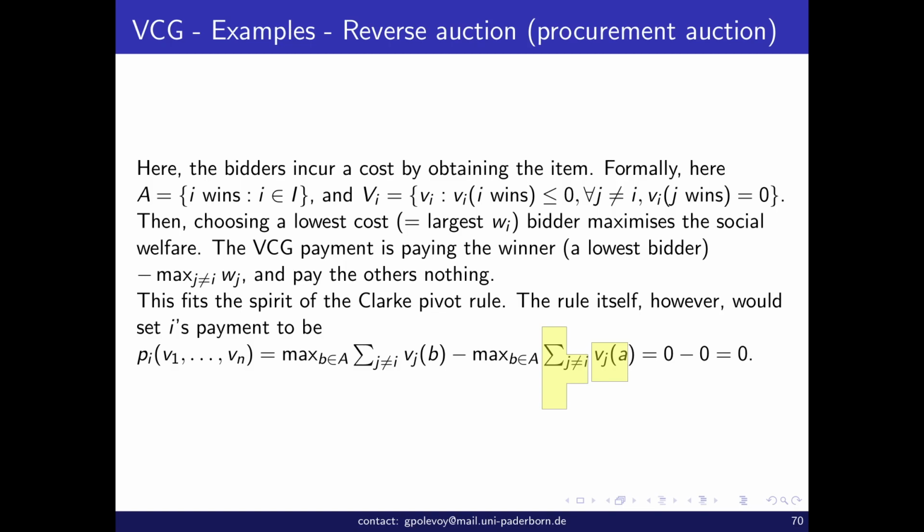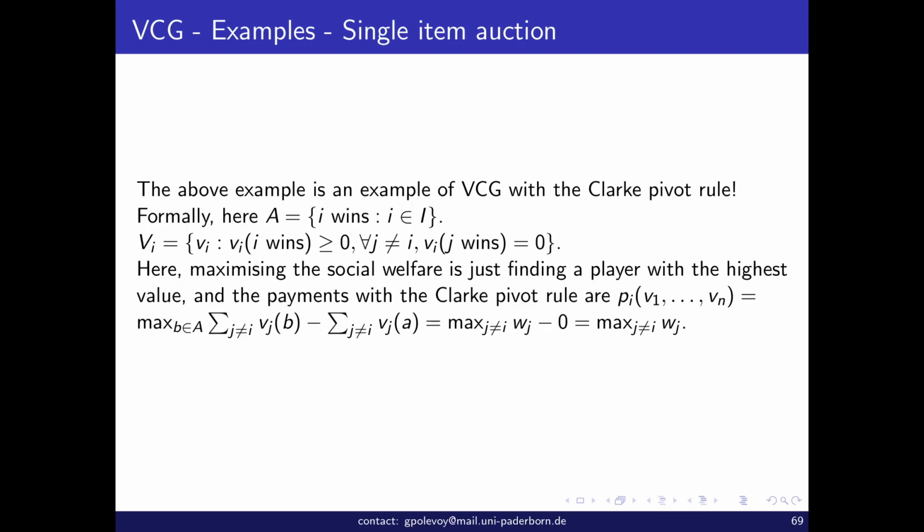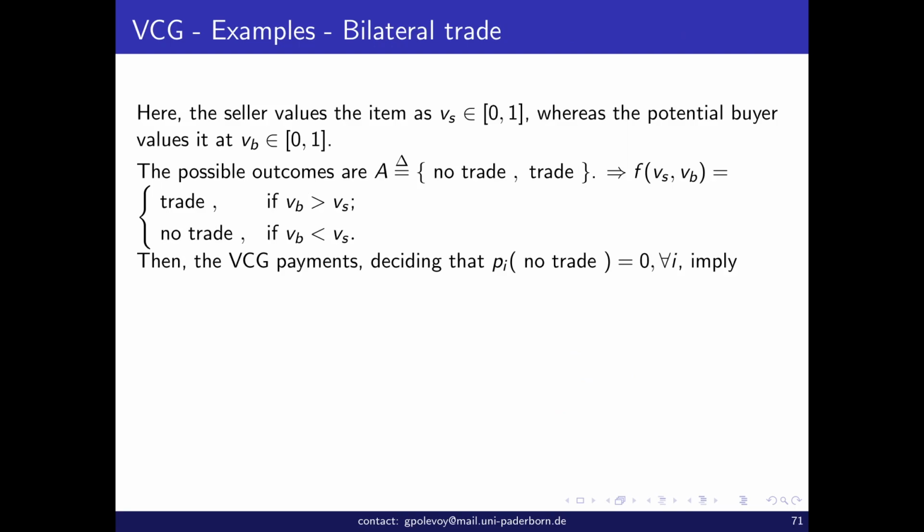Basically, charging something negative means it's a second price auction. Here it's not equivalent. Unlike in the positive case, it's not equivalent to the Clark pivot rule, but it reminds of the idea, unlike which is equivalent for non-negative. Okay, negative. The next example.